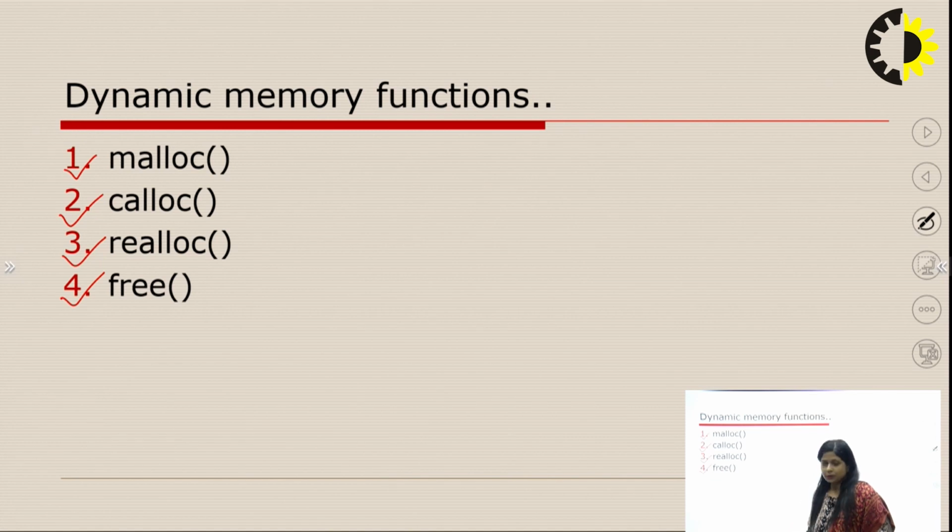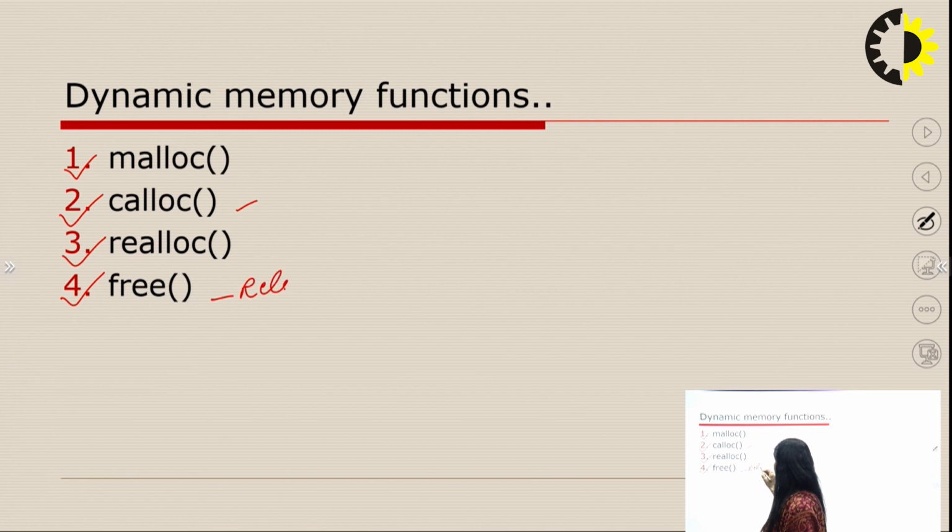Malloc, as the name indicates, is memory allocation, and this function is used to allocate memory dynamically. Calloc is another method of allocating memory. Realloc is for reallocating, that is resizing, the memory, and free is to release the memory.